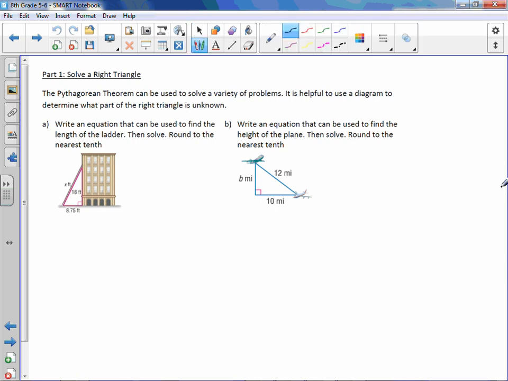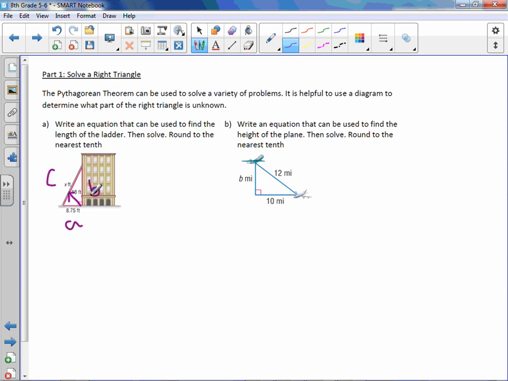Write an equation that can be used to find the length of the ladder, then solve, round to the nearest tenth. In order to save my voice, I'm going to try and talk as minimally as possible. Here's our right angle, which means this length is our hypotenuse.